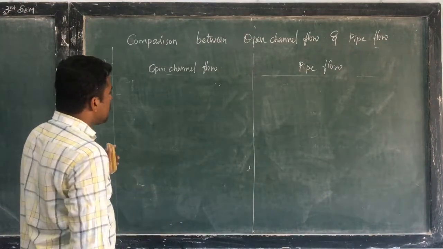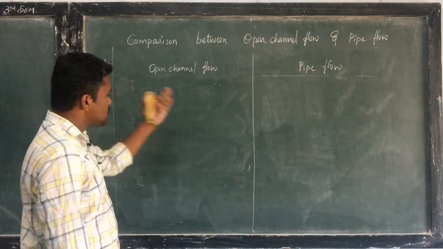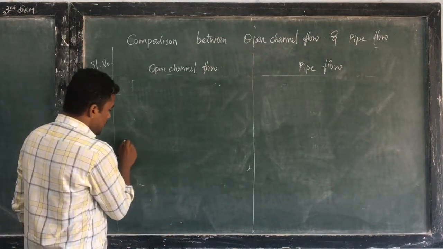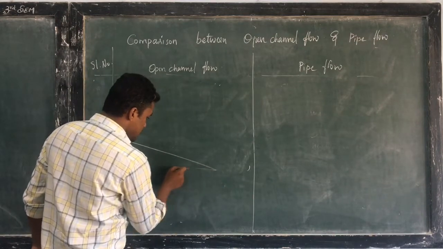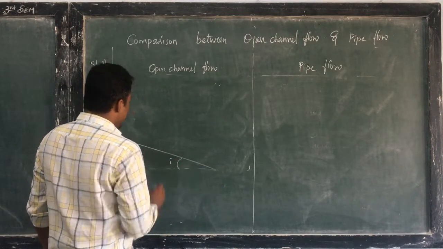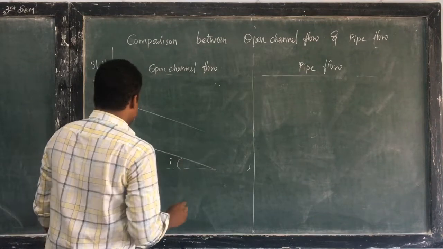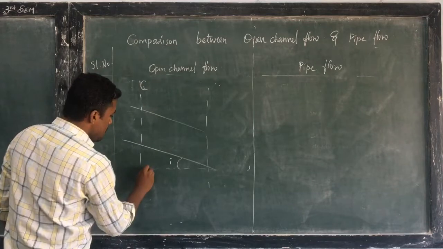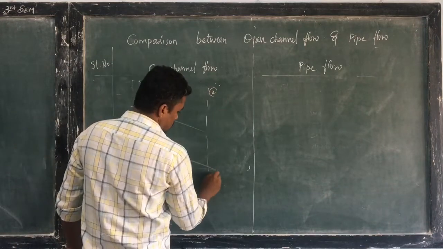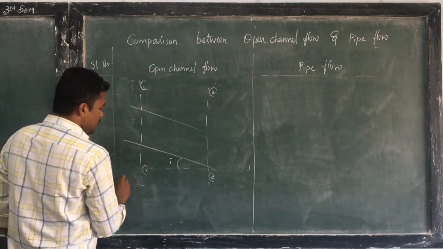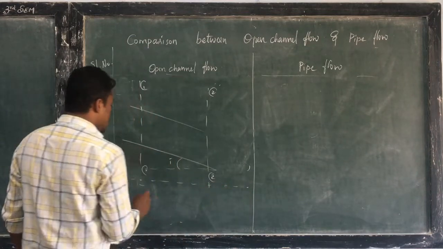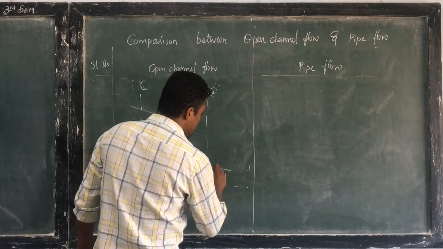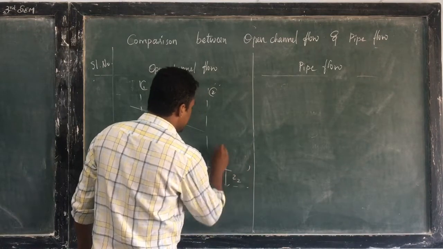Again I will draw the open channel longitudinal section, and by that we will get some more points. If this is our bed and this is our bed slope I, and this is our surface, then we have two sections, section 1 and section 2. If you take one common datum, then this will be our Z1 and this will be our Z2.